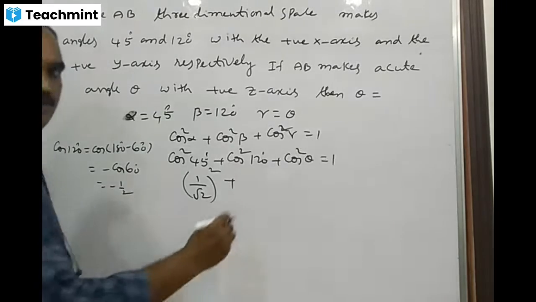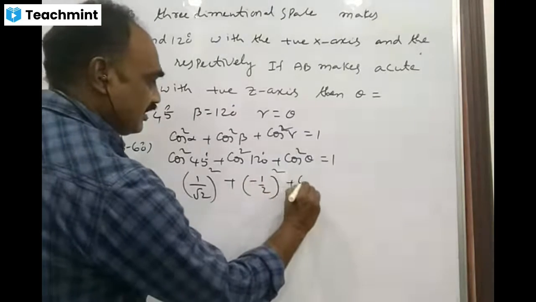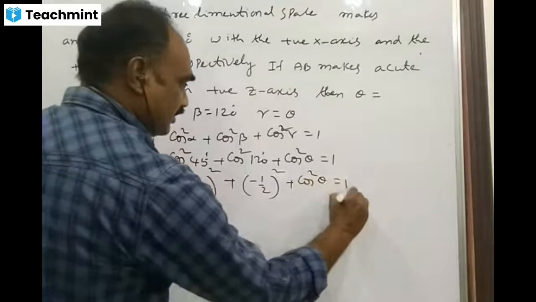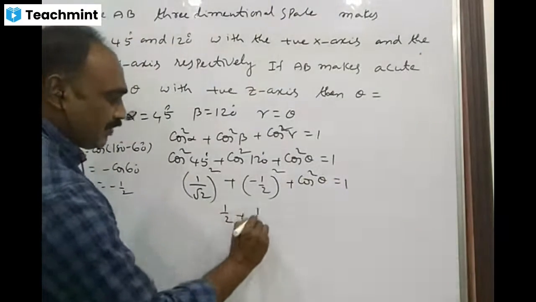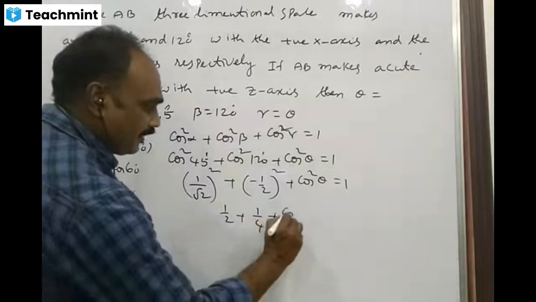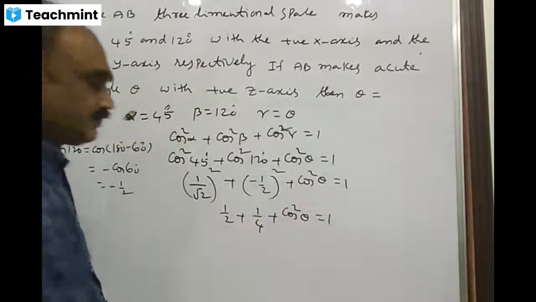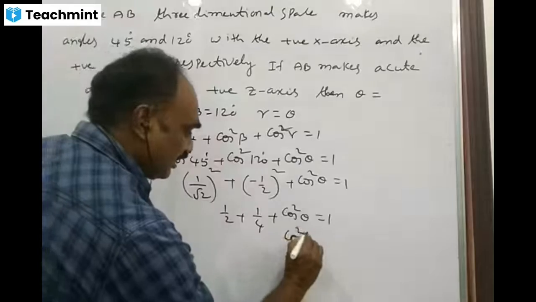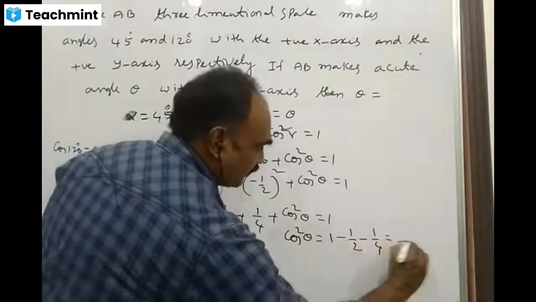Minus 1 by 2 whole square, plus cos square theta is equal to 1. 1 by root 2 whole square is 1 by 2, minus 1 by 2 whole square is 1 by 4, plus cos square theta is equal to 1.